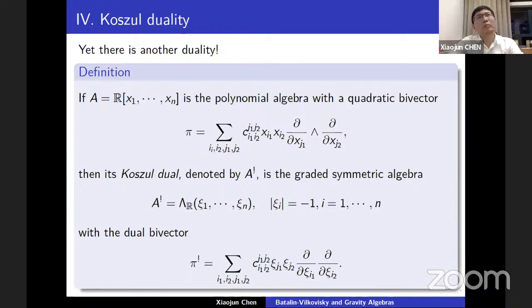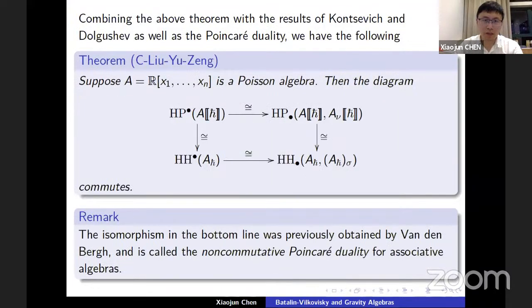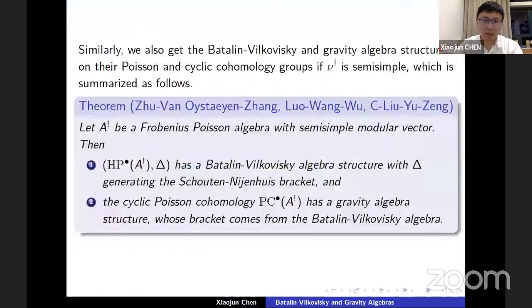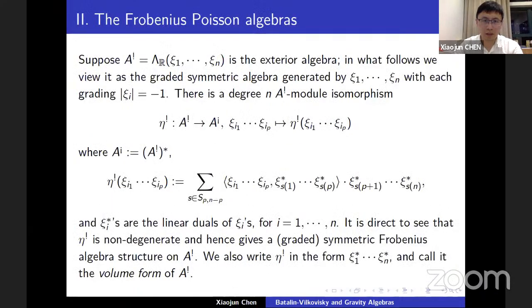No, you see, on differential forms, I consider, let me go to here.